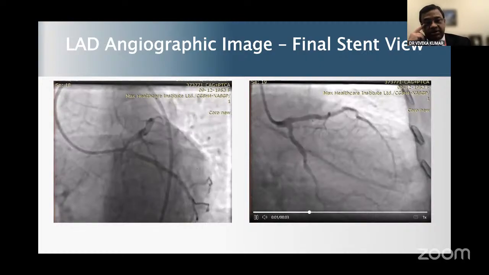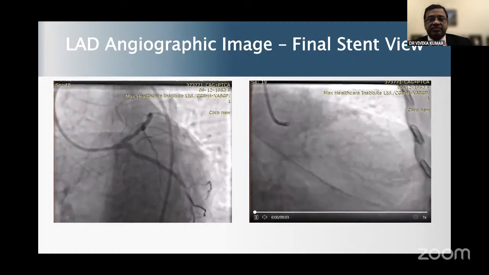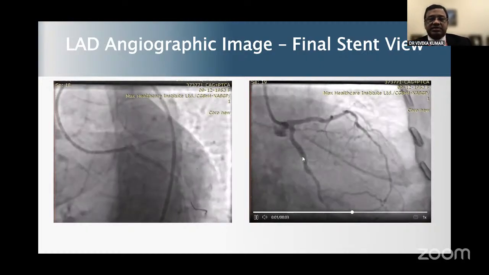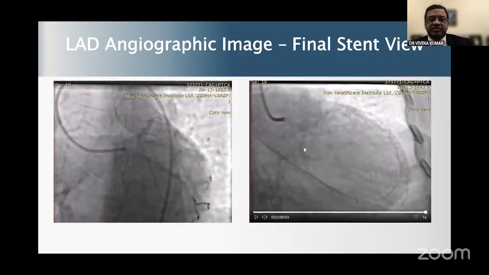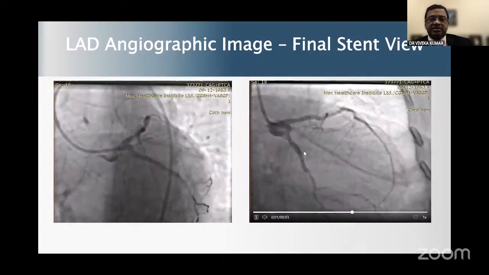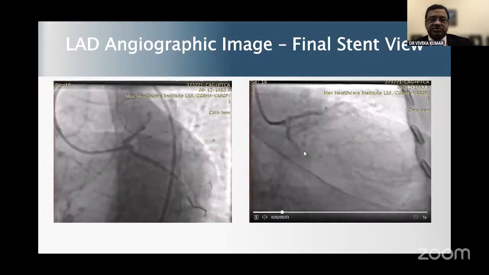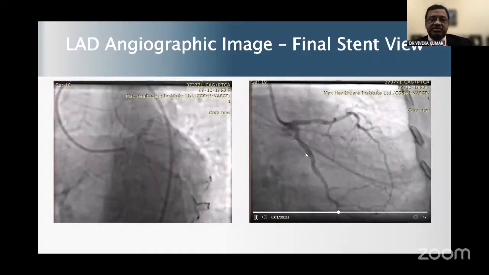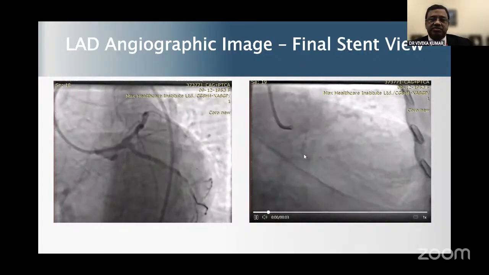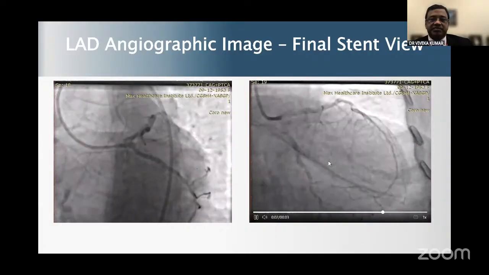Apart from the trackability, somebody asked about the side branch access. The middle cell strut is smaller or thinner, so you can have a good post dilatation, side branch access you can do well, and trackability of a stent through the stent will also be reasonably good.